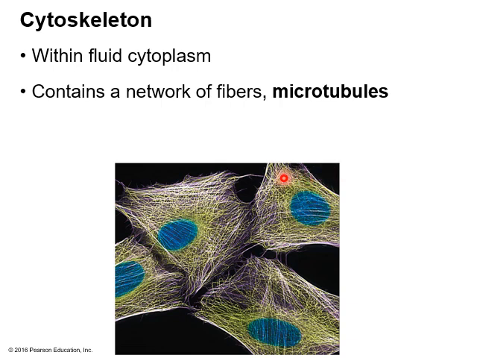All of these fibers give the cells some of their shape and some of their structure. Plant cells don't need these quite as much because they have their rigid cell wall, but our animal cells do need this because they don't have a rigid cell wall.